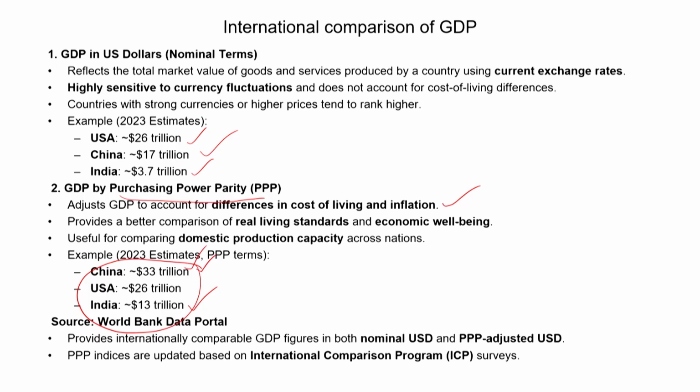All this data you can get from the World Bank data panel. Please visit it and you'll see the purchasing power parity index and how they convert GDP in nominal US dollars to GDP by PPP.